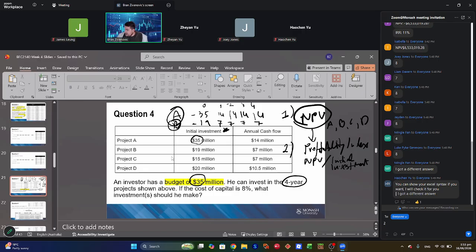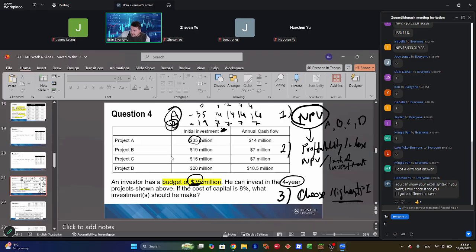And then step 3 is choose the highest, but keep in mind that you've got a 35 mil limitation. So you might be able to do multiple projects, or maybe you might be able to do only one. So choose the highest PI, okay? So those are the three steps.